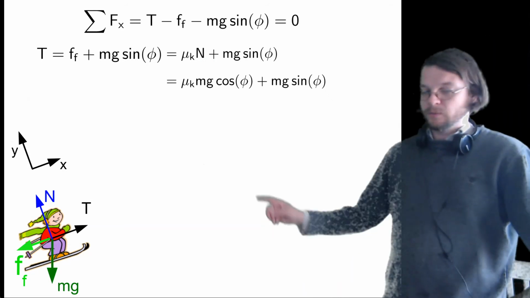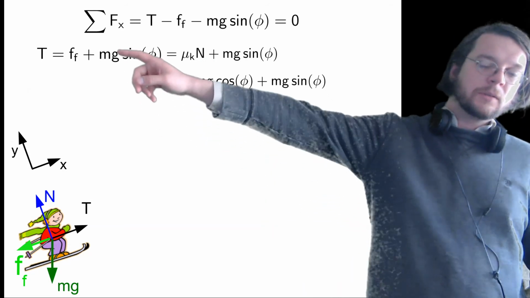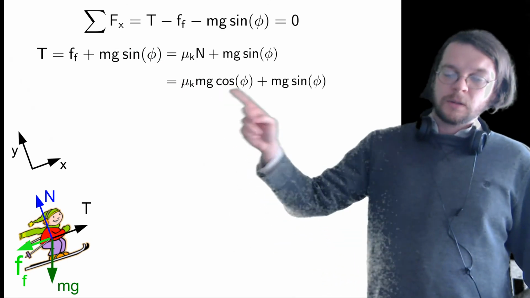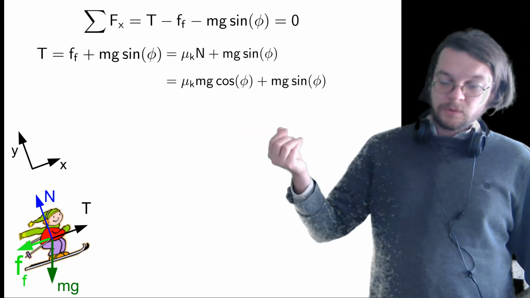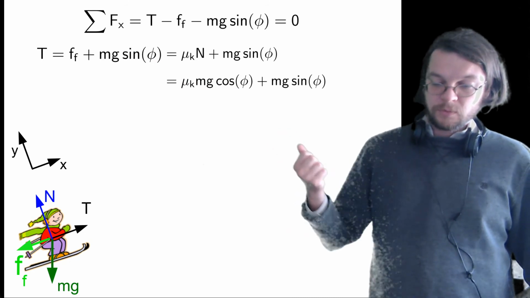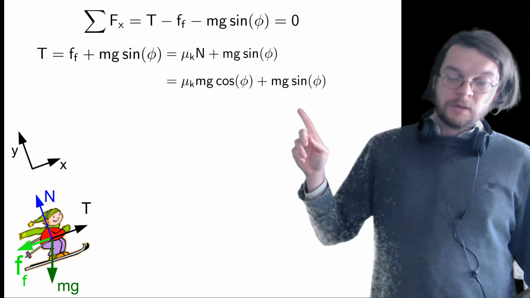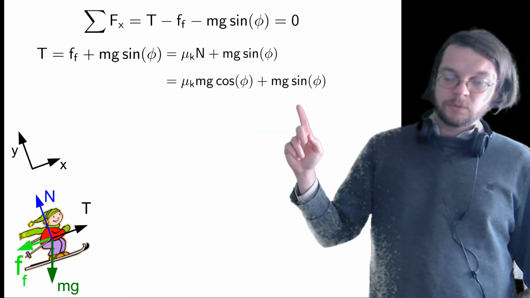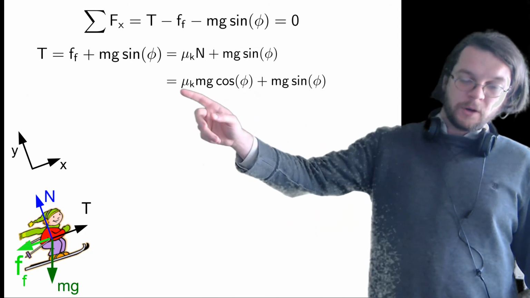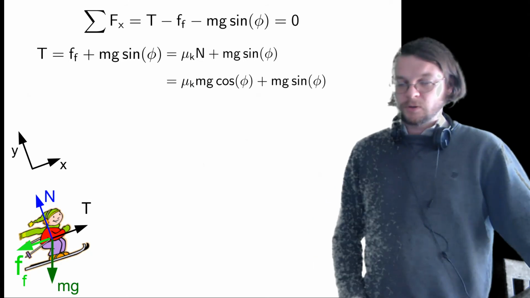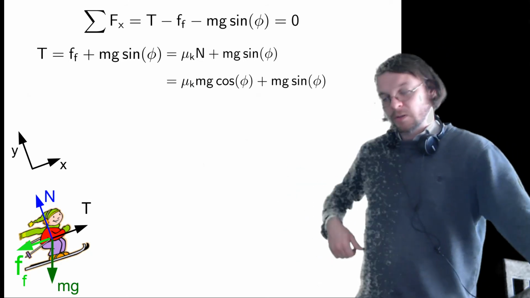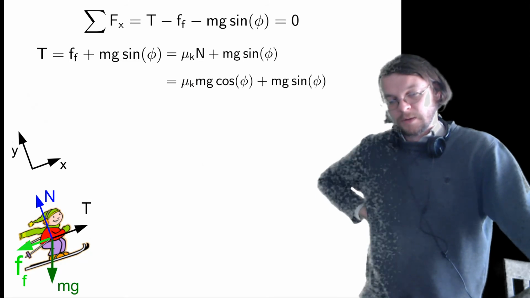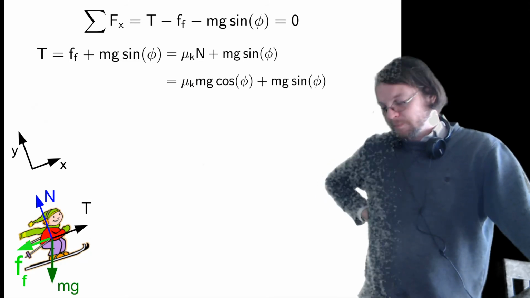And so we have conclusively discovered that the tension in the cable is going to be mg sine theta because everyone is heavy and prone to sliding down the hill, but also because there's friction. And if the friction was 0, then you'd only have this, which makes some sense. But the larger this mu sub k is, the more friction you get, the more tension in the line you need to pull these people up the ramp, which makes some sense. So that's what you get for the tension.